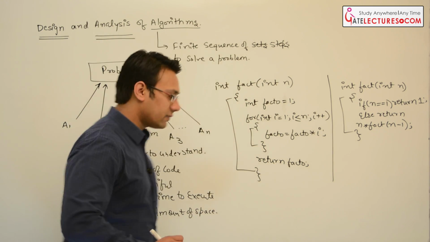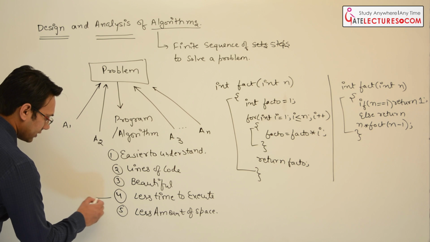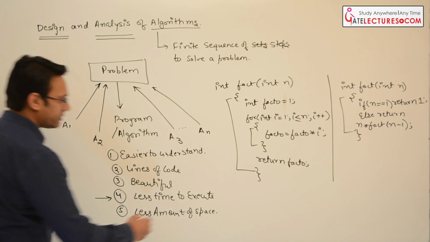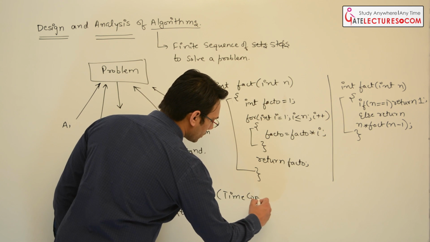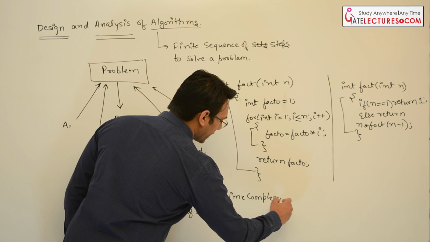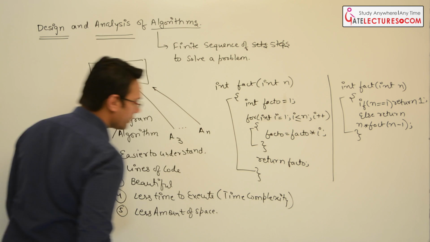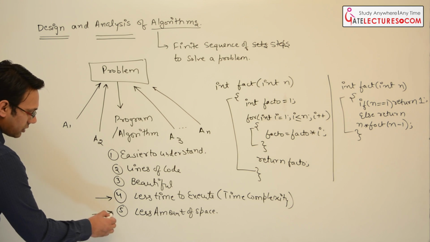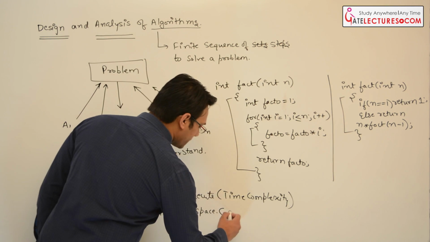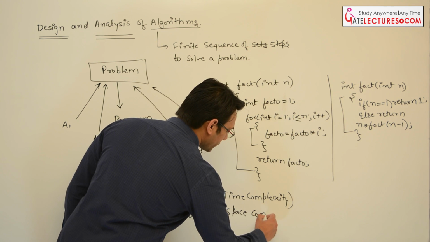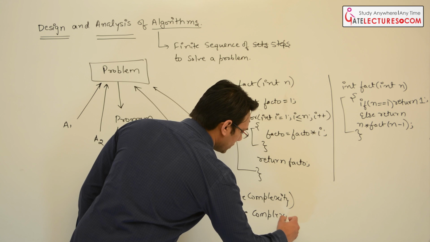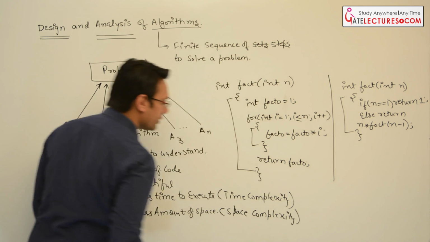For that purpose, we use something called the time complexity of the program, and this, which is called the space complexity of the program. We have time complexity and the space complexity.